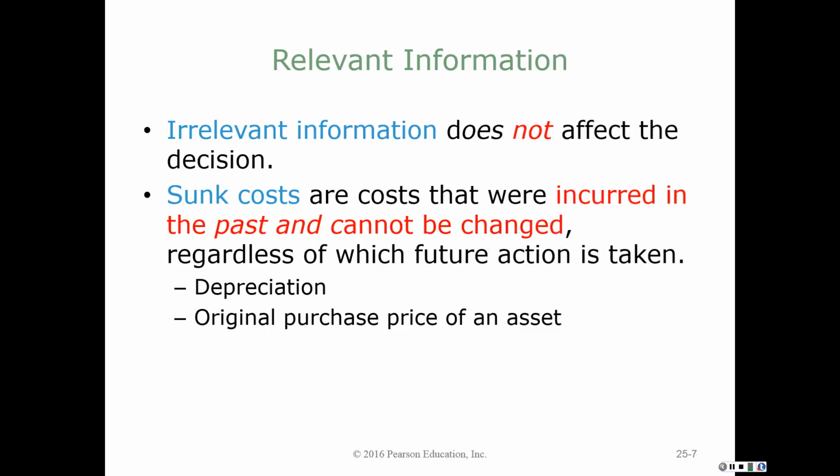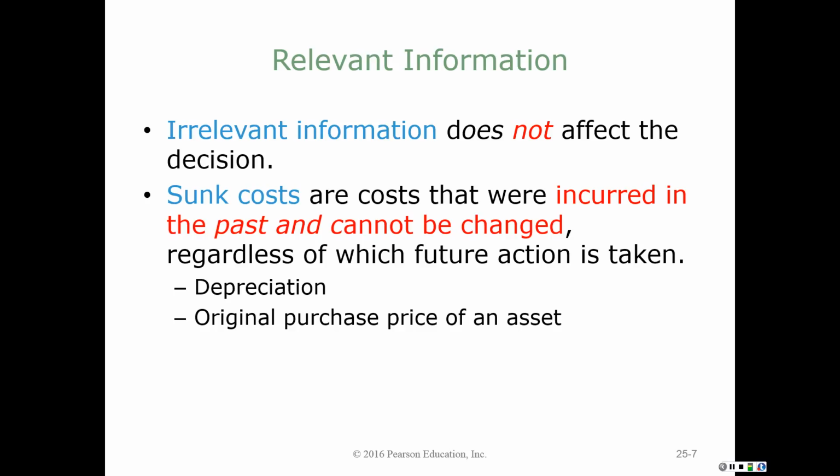Now, irrelevant information is information that does not, as your text says, impact this decision. These are often sunk costs. So, for example, your book talks about purchasing a new vehicle. And if you are purchasing a new vehicle, you may have an option to trade in a vehicle that you already have.